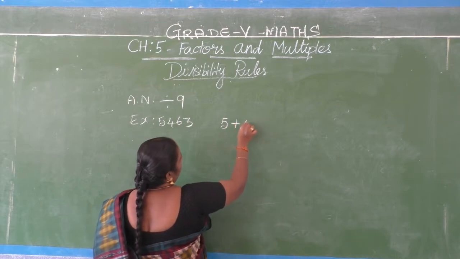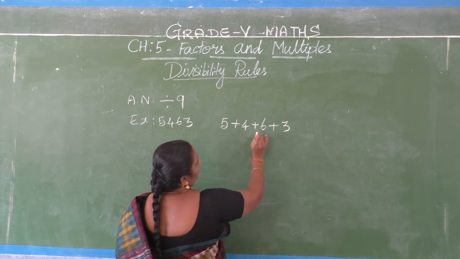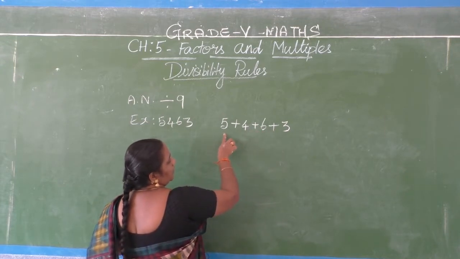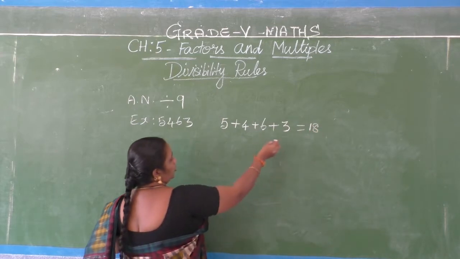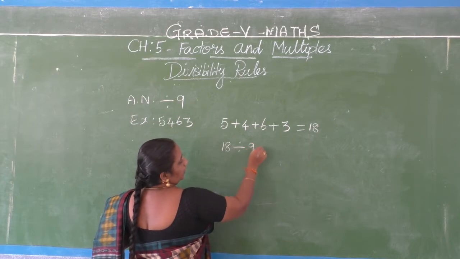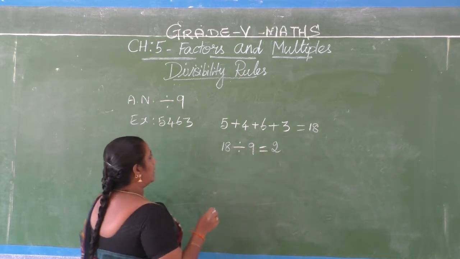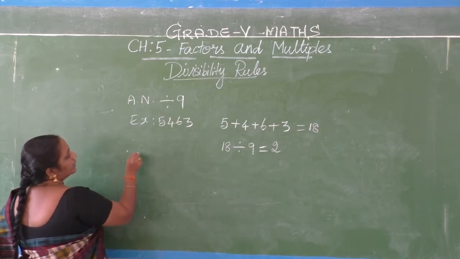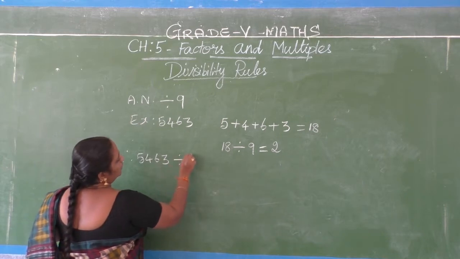So 5 plus 4 plus 6 plus 3. 5 plus 4 is 9, 9 plus 6 is 15, 15 plus 3 is 18. Now I am going to check whether the sum of the digits is divisible by 9 or not. So how many times will it come? 2 9s are 18. Therefore the whole number 5463 will be divisible by 9.